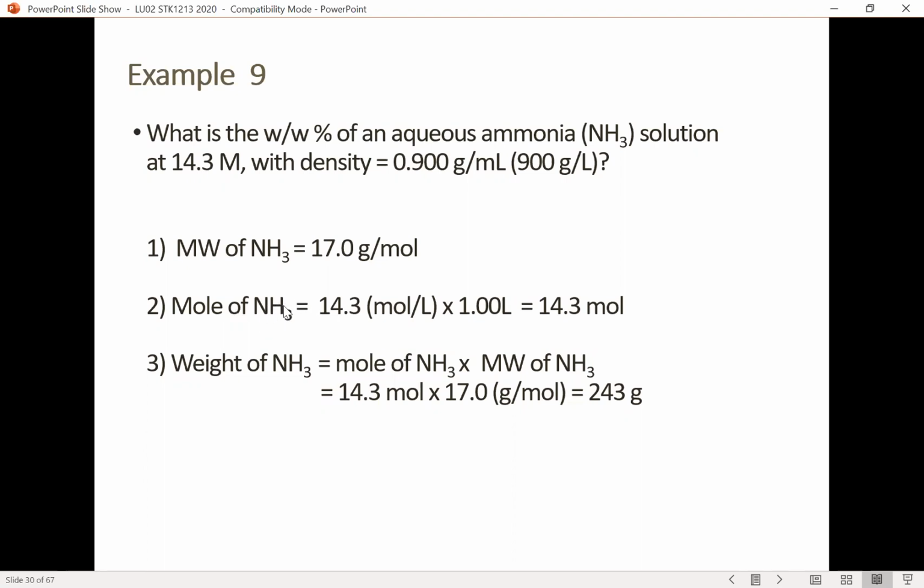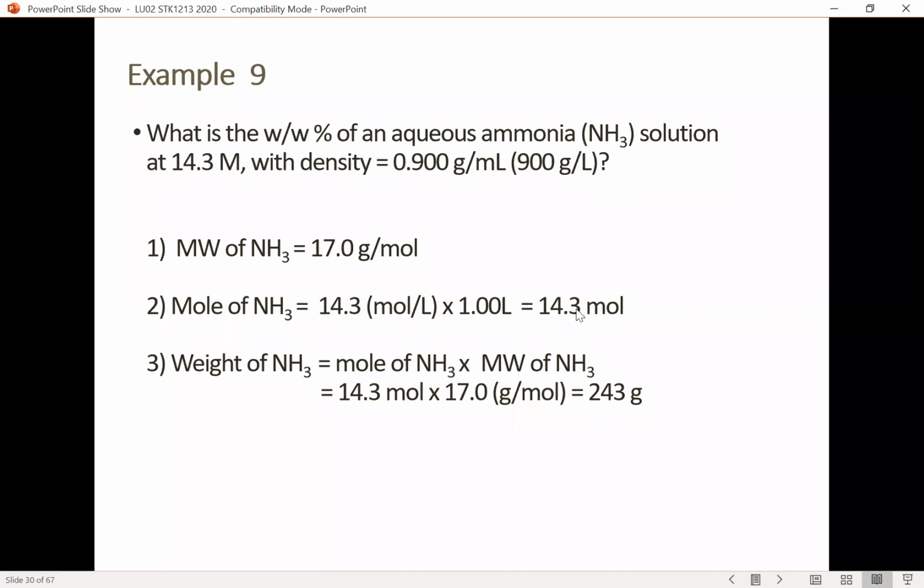Mole here is coming from the formula of molarity. Molarity equal to mole over liter. So you have already molarity 14.3. You have already the volume, which is 1 liter. It's 14.3 mole. Where did you get 1 liter? You assume the calculation is for 1 liter based on the given density.